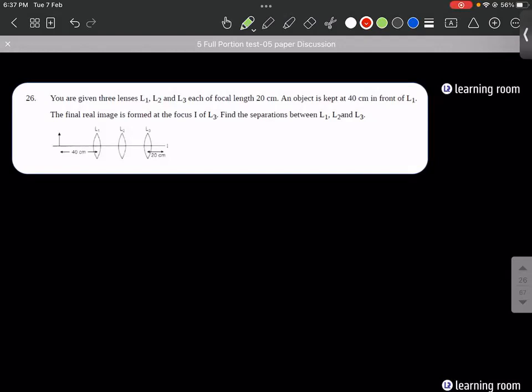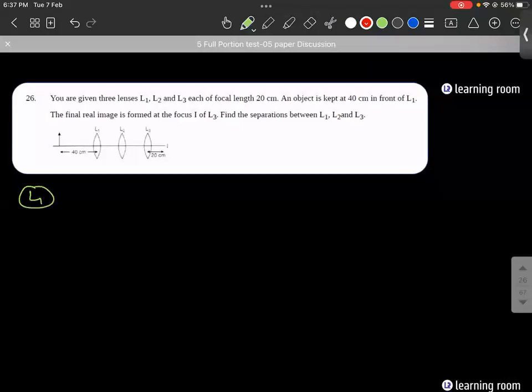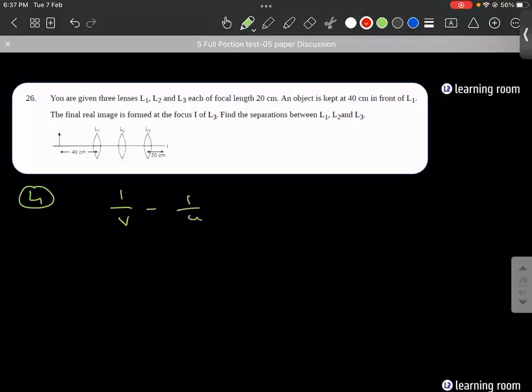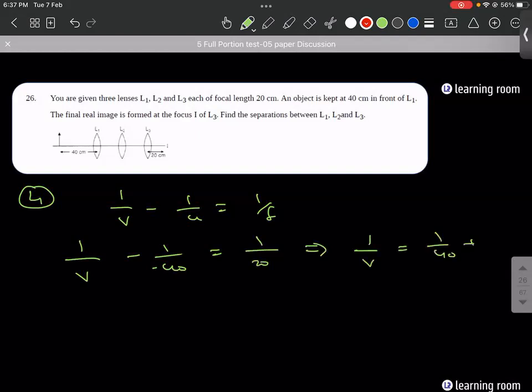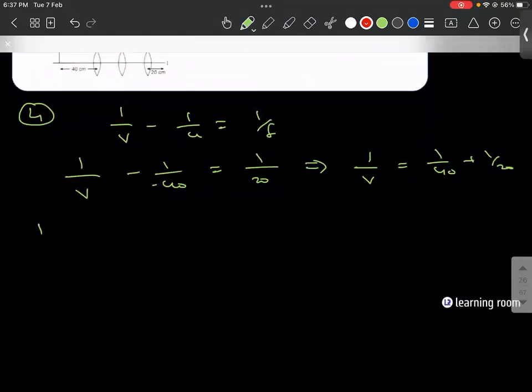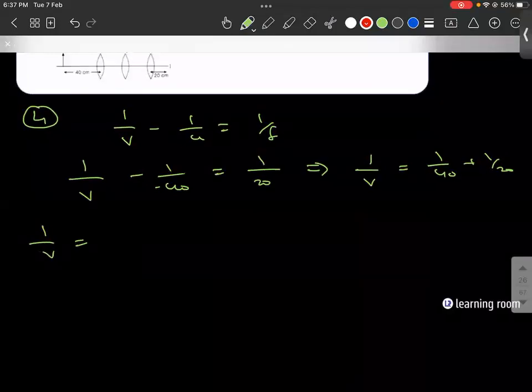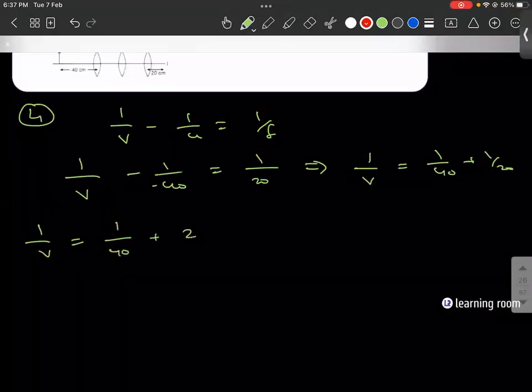How to solve? So for L1, if I apply 1 by V minus 1 by U is equal to 1 by F, 1 by V minus 1 by minus 40 is equal to 1 by 20, which implies 1 by V is equal to 1 by 40 plus 1 by 20. So 1 by V will be equal to 1 by 40 plus 2 by 40, so it will be 3 by 40.